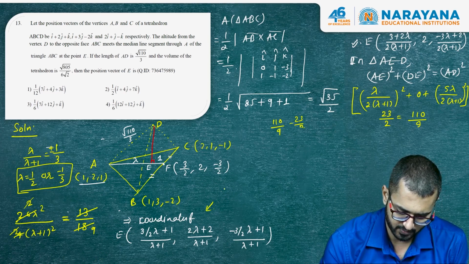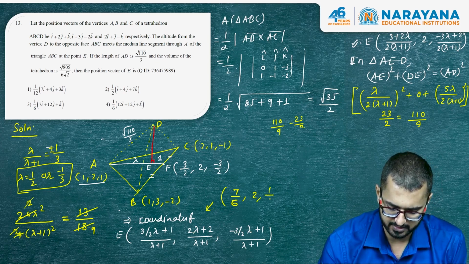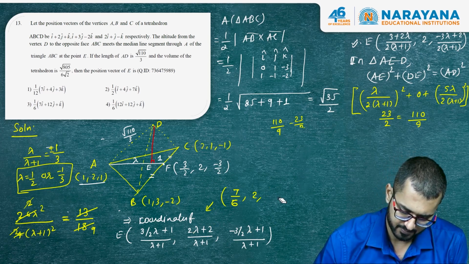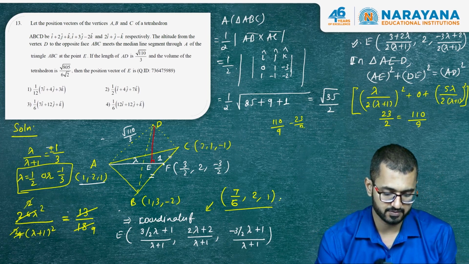So coordinates of E are going to be 7 by 6, and then this is 2 already, and this will turn out to be again minus 3 by 2 is 4 minus 1. No, only 1, sorry. It should be only 1.